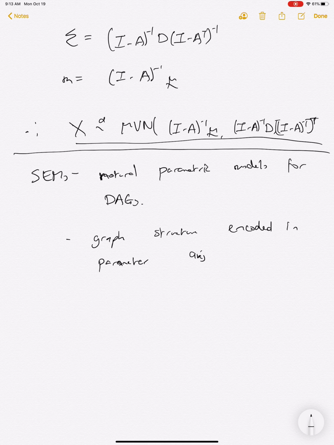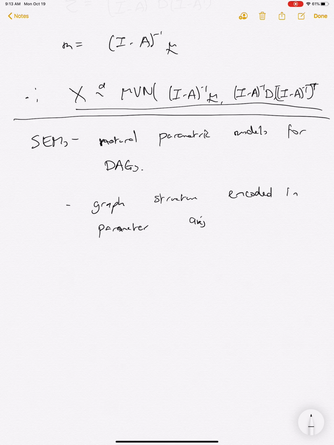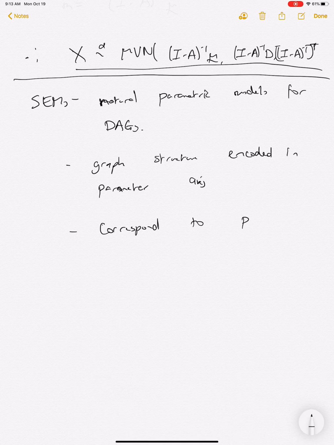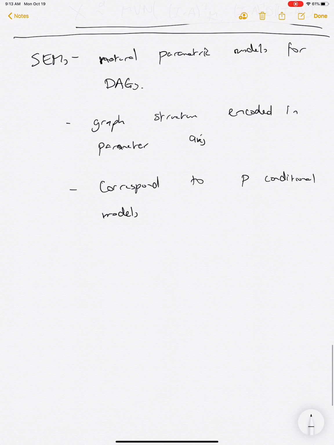And the other thing I'd like to say is that another way to think about it is that they correspond to p conditional models, and these could be linear.